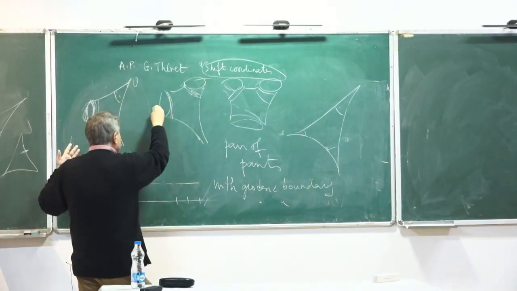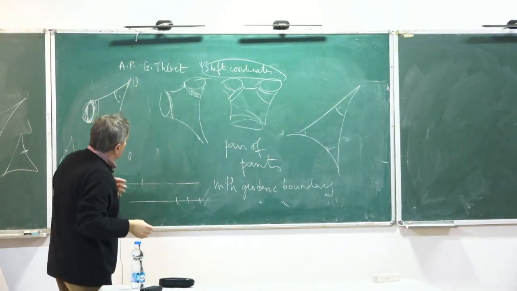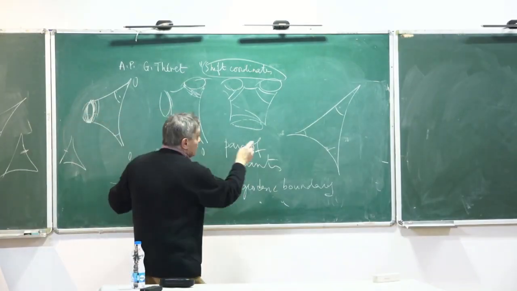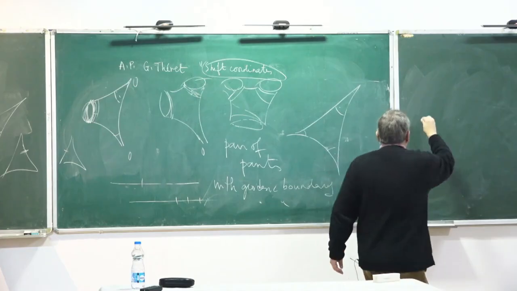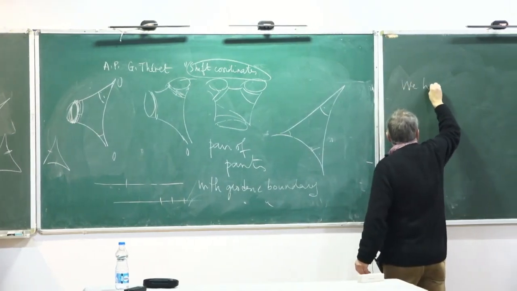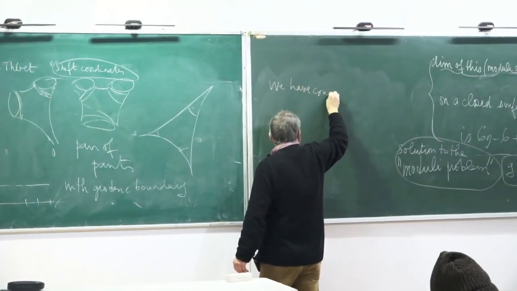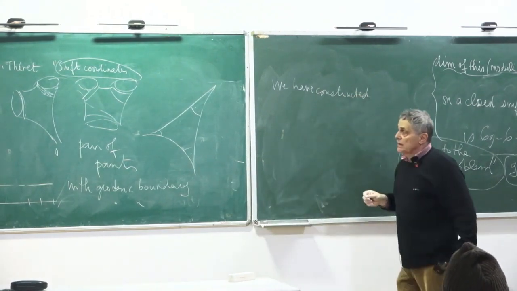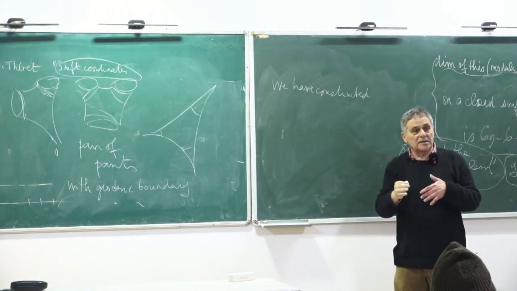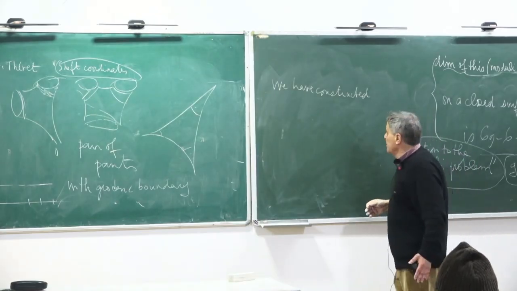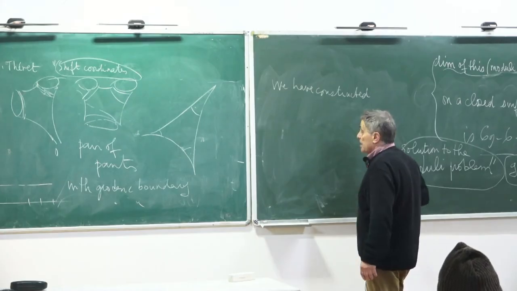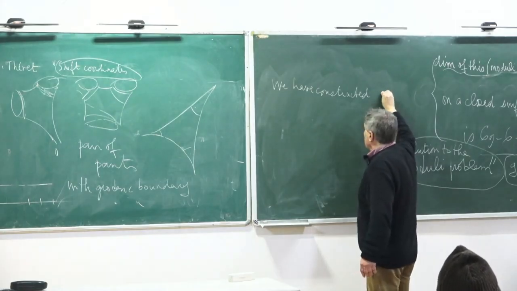Right here, the length is some definite positive number, and here the length is 0. So we have constructed, just by using gluings of ideal triangles, what?